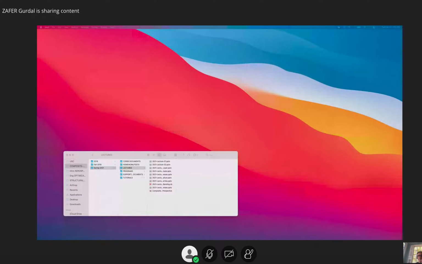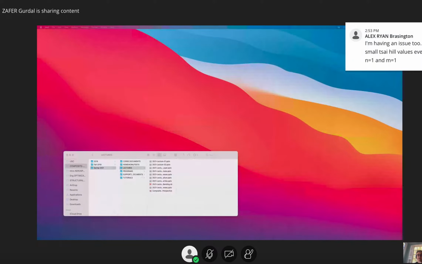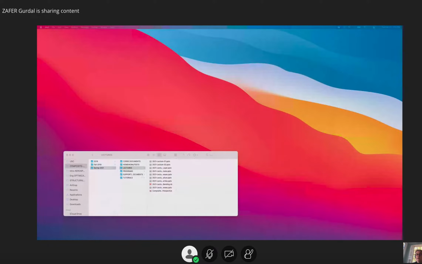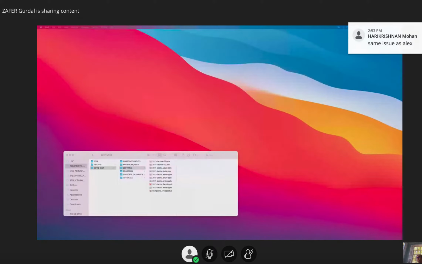Are there any questions besides the question from Matthew regarding the use of the Tsai-Hill criterion? Alex says, I'm having an issue with getting small Tsai-Hill values even if n equals 1 and m equals 1. Okay.